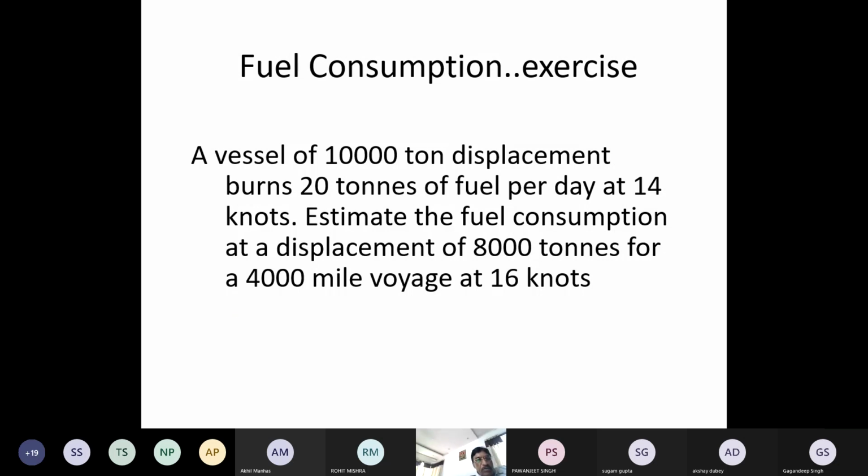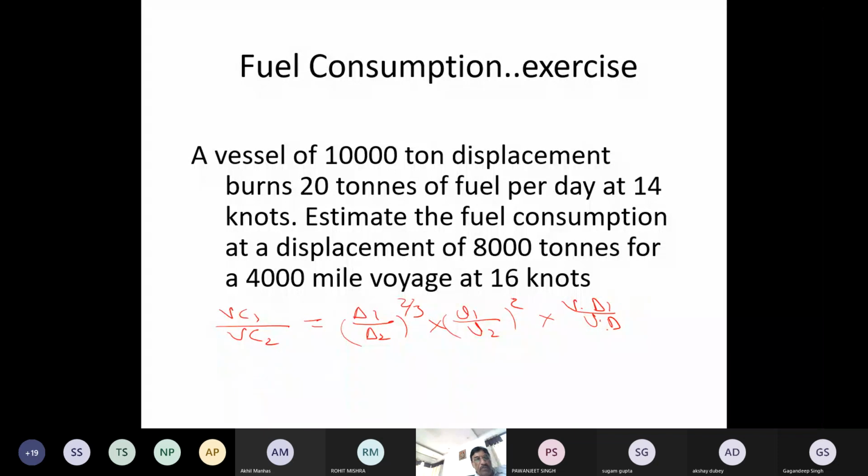VC1 by VC2 is equal to delta 1 by delta 2 raised to 2 by 3. Then I'll be dealing with not cube, only squares. V1 by V2 square into voyage distance 1 over voyage distance 2.